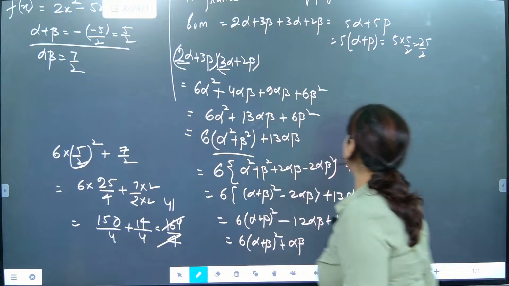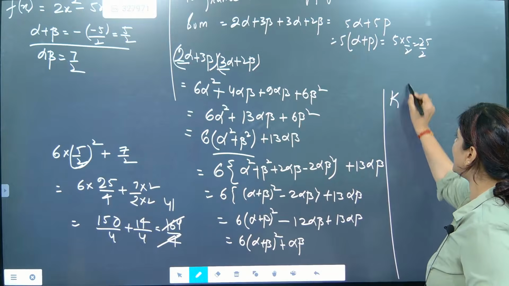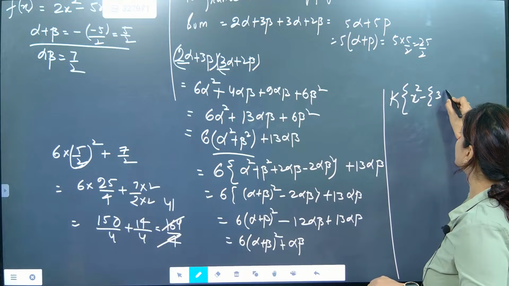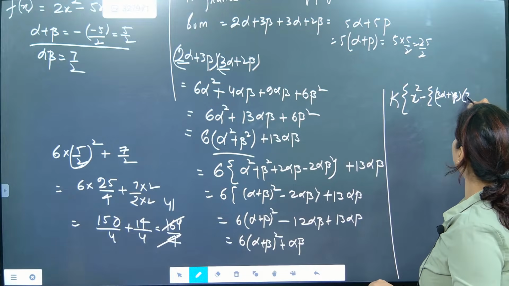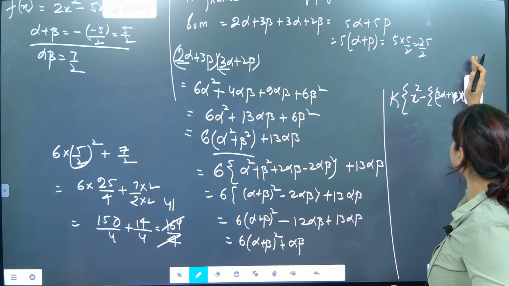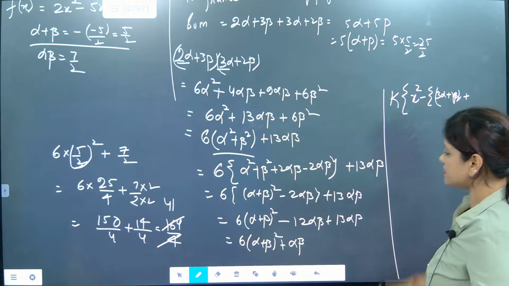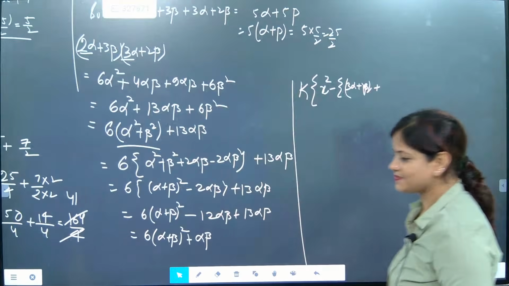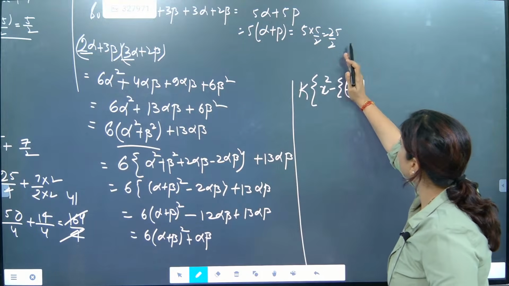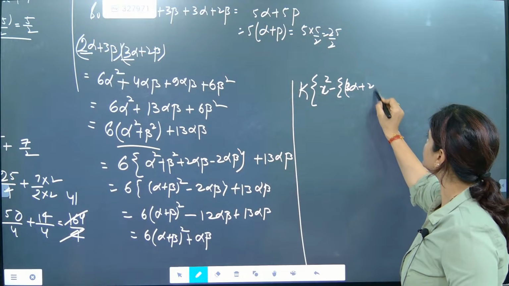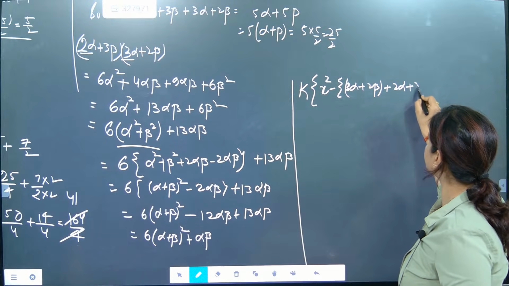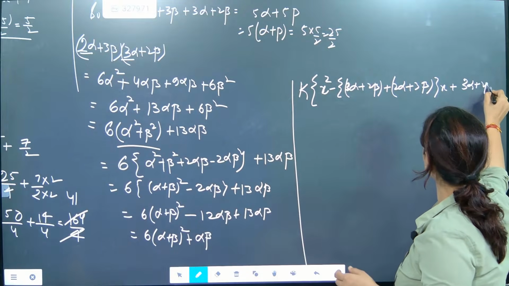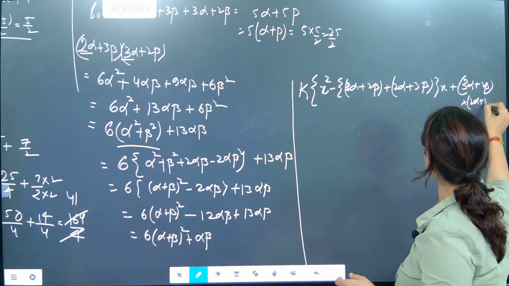Now directly go for the last part. So framing the quadratic equation: x square minus sum of the zeros, that is 3 alpha plus 2 beta plus 2 alpha plus 3 beta, into x plus the product 3 alpha plus 2 beta into 2 alpha plus 3 beta.